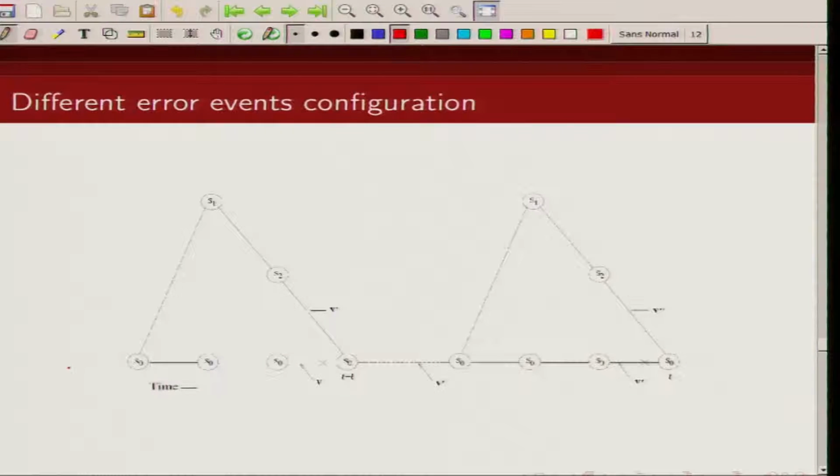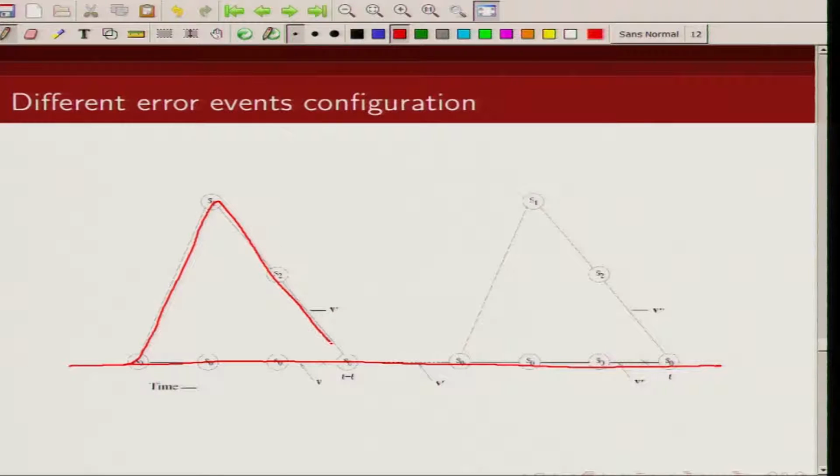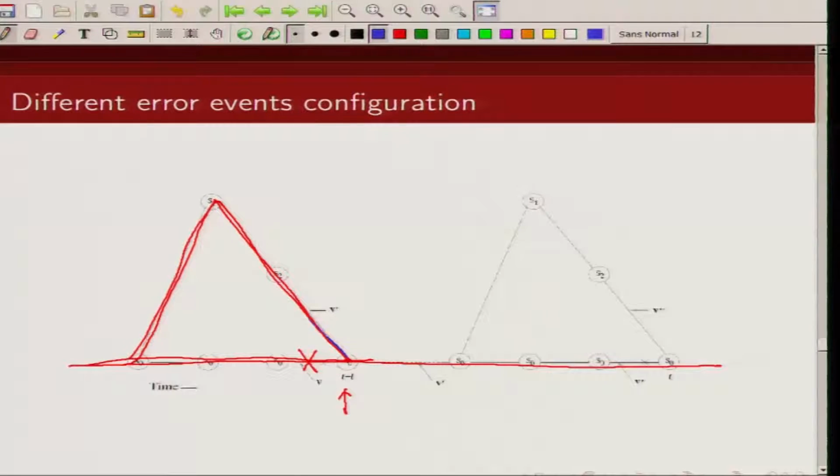So, for example, you could have a scenario like this. You diverge from all 0 state and then you merge back, and at this time instance, let us say your metric corresponding to this path was better than metric corresponding to the all 0 state path. So, you have discarded the all 0 state path and decided in favor of this path.